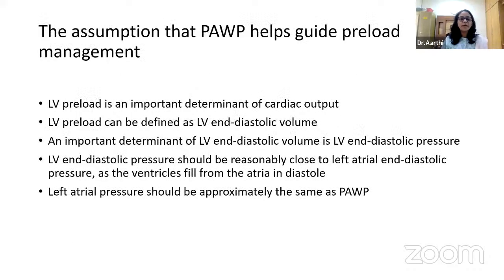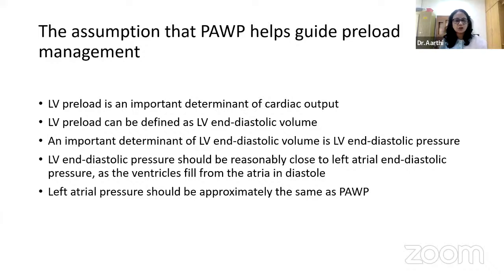So why does pulmonary capillary wedge pressure help to guide the preload? How does wedge pressure reflect the preload of the left ventricle? So left ventricular preload is an important determinant of cardiac output. LV preload can be defined as the left ventricular end diastolic volume, which is determined by the left ventricular end diastolic pressure.